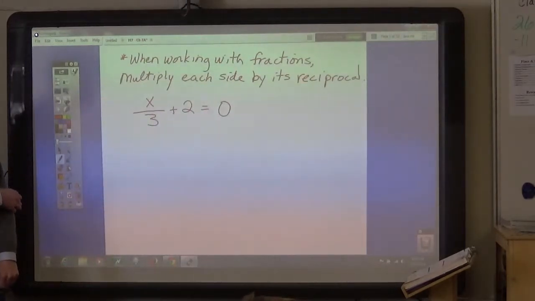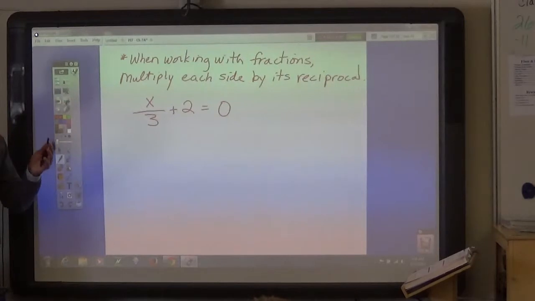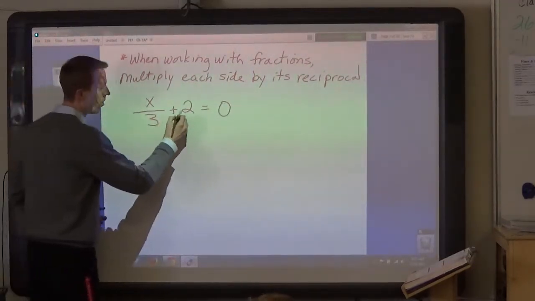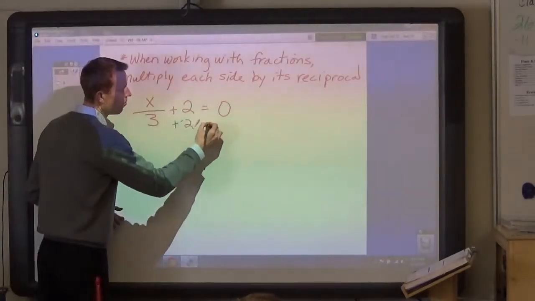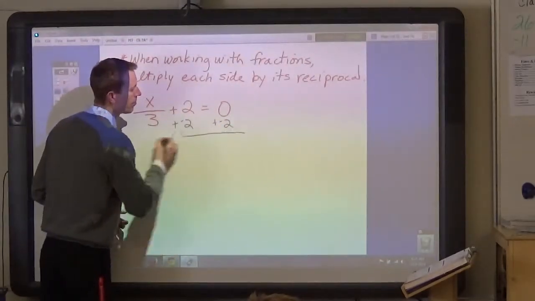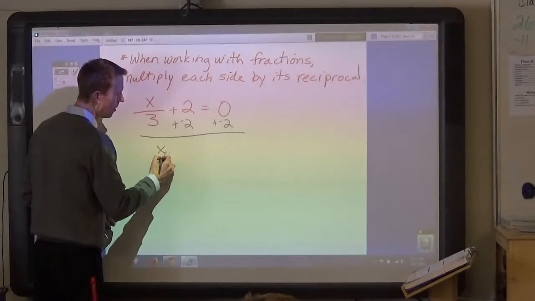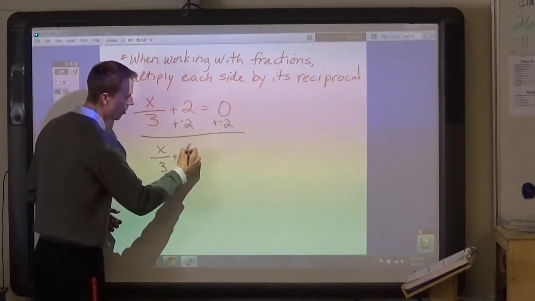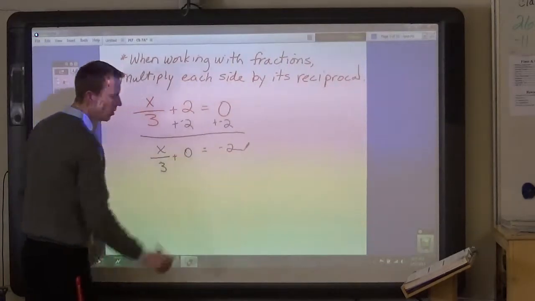So when working with fractions, you'll have to multiply both sides by the reciprocal to solve it. Remember that? Remember how to do that? So, first, add the negative 2 to both sides. So x over 3 plus 0 equals negative 2.